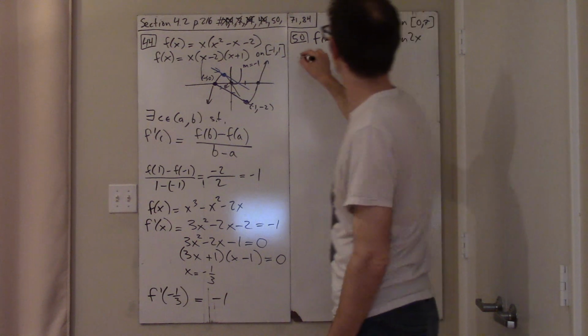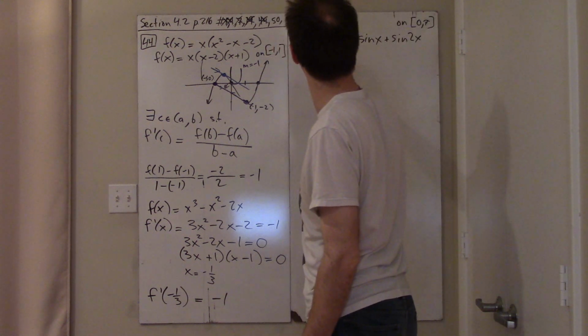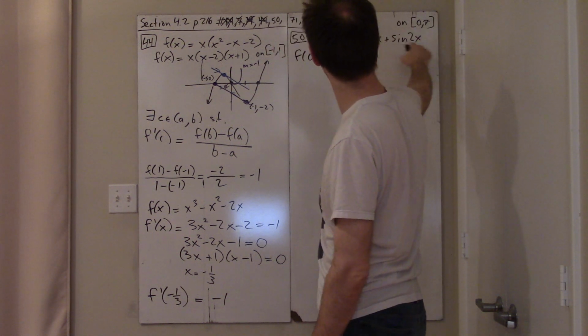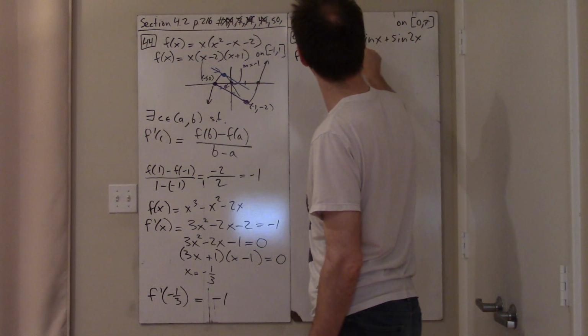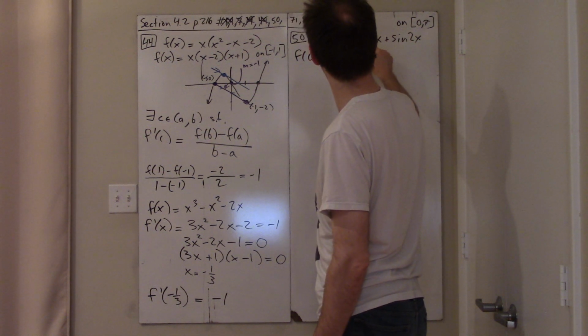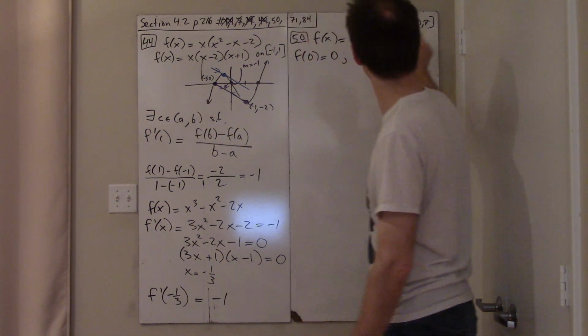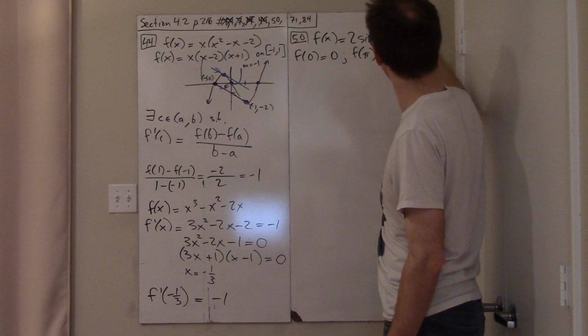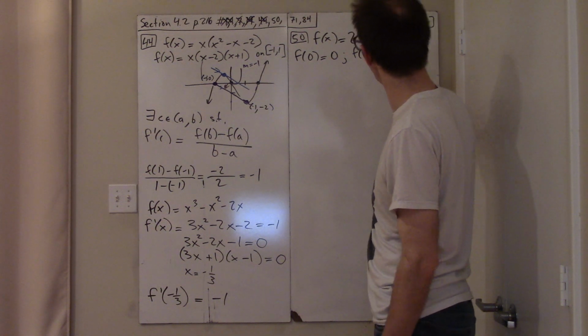Well, if you just plug in 0, you get sine of 0, and sine of 0 is 0. And if you just plug in pi, then you get, well, sine of pi is 0, and sine of 2 pi is also 0, so you also get 0.